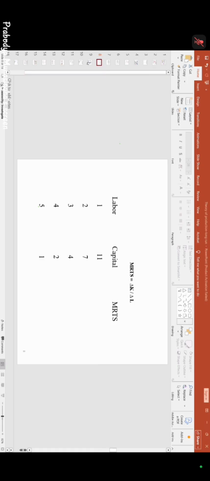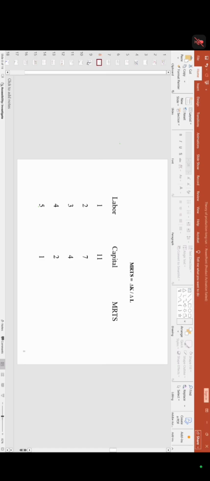So yes, in the examination there might be questions like this. Sometimes we'll give the answer, the MRTS, and ask you to explain. Or else we give a table like this, and you need to obtain the answers through calculation, and you have to interpret those answers as well.